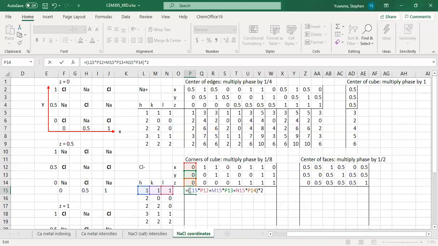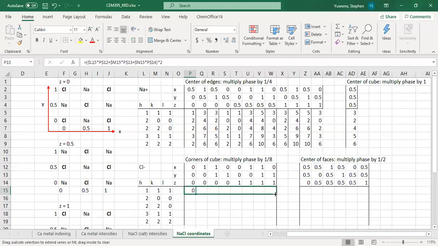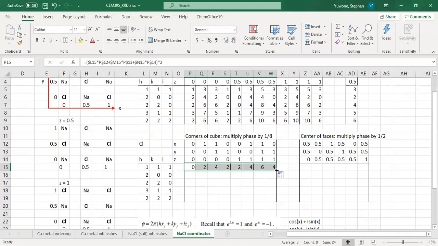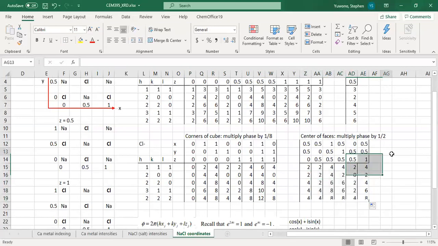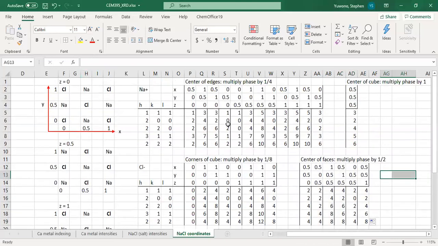And here, again, we need to lock the appropriate places. Okay, so now we have all the numbers that we need actually.